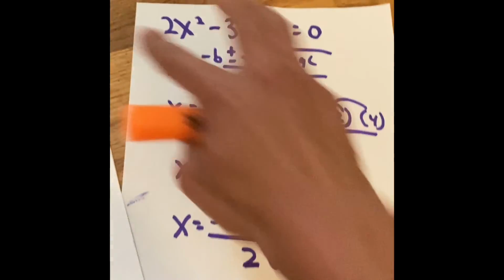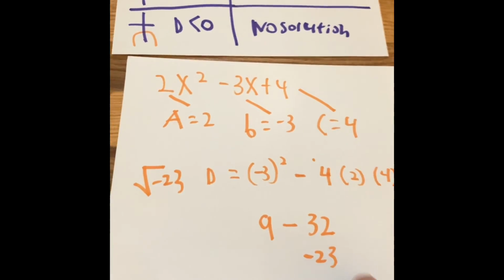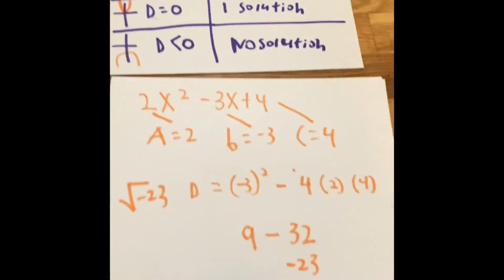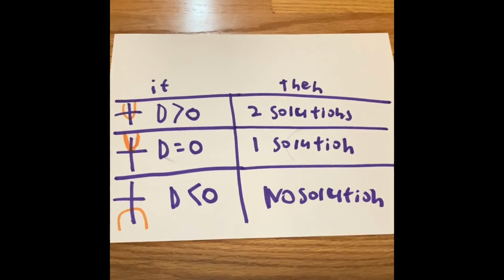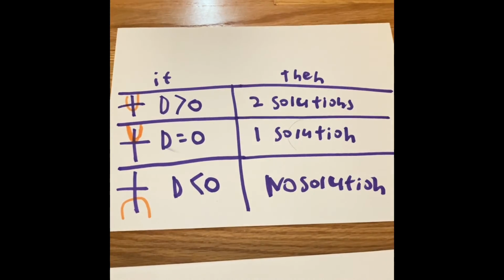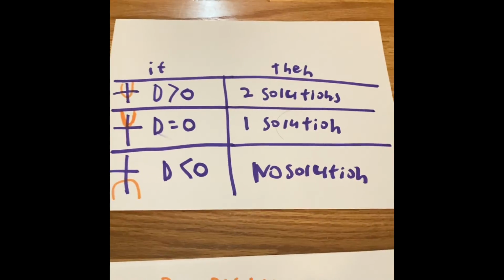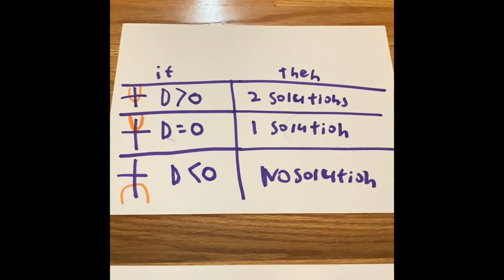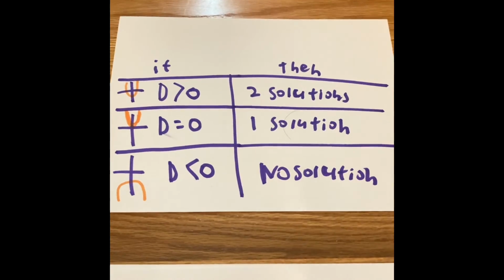So without having to do all this work, we could just find the discriminant and get what D is and use the scenarios to discover what kind of solutions we'll get. This formula is very helpful for finding the kind of solutions to a quadratic trinomial, but it's not going to help you actually get to the answer.